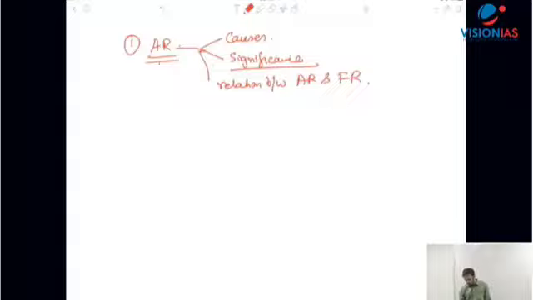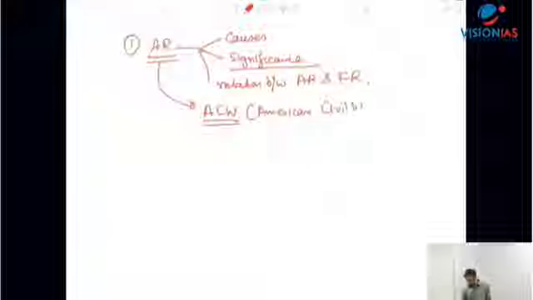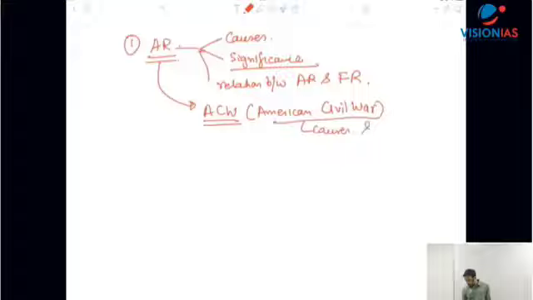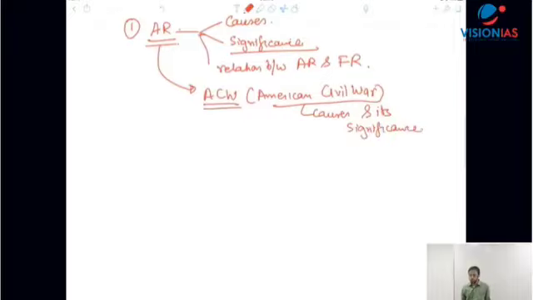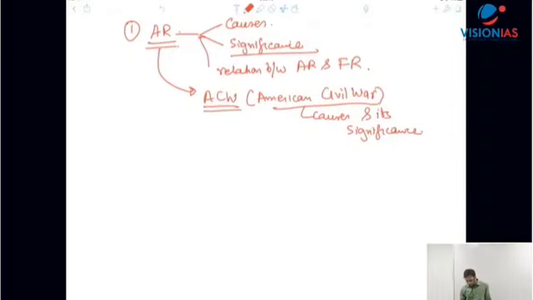Also, apart from the American Revolution, there is another important thing that happens here, and that is the American Civil War. Okay, so the American Civil War, its causes and its significance, is also something that we're going to focus upon.